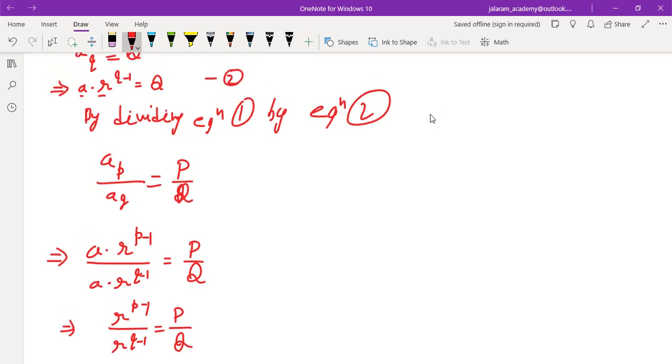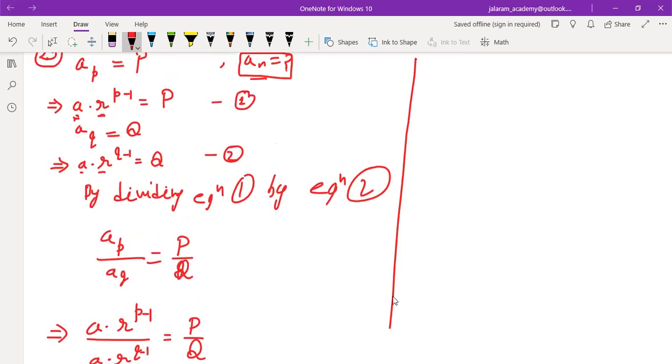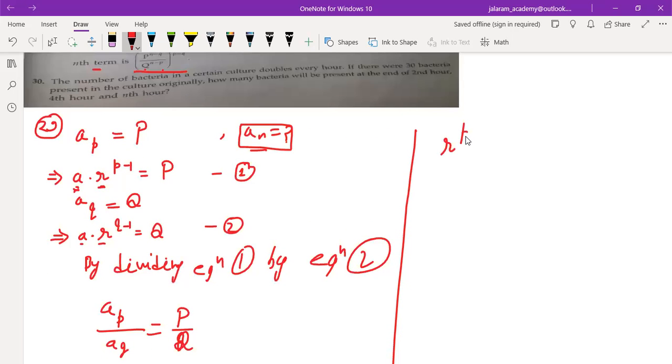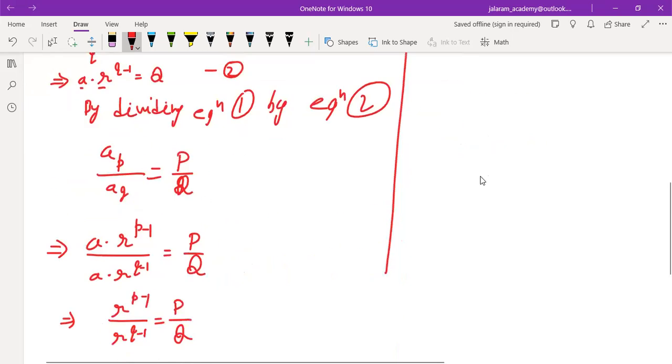In division powers are subtracted. So R to the power p minus 1 minus (q minus 1).